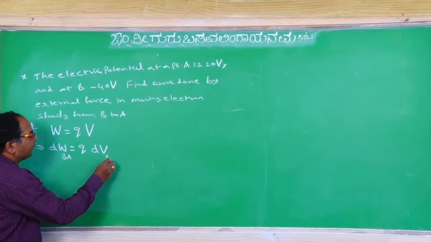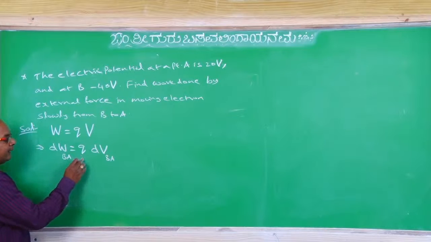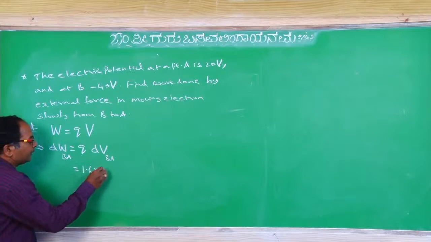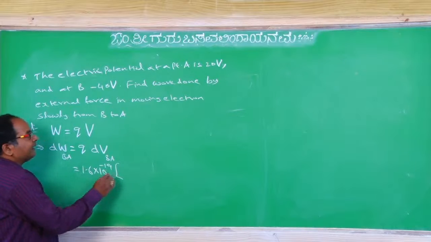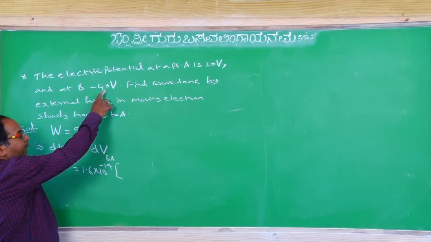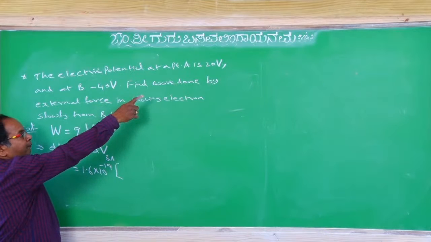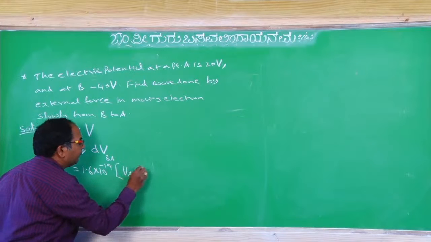So we should write potential difference in between B to A. Here what is that one? Q means electron, 1.6 into 10 to the power of minus 19 Coulomb. So dV means what? Here potential difference. This one B to A. So final point what? B to A. Final point A. So VA minus VB.